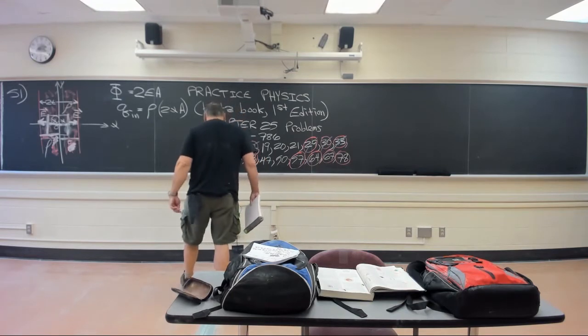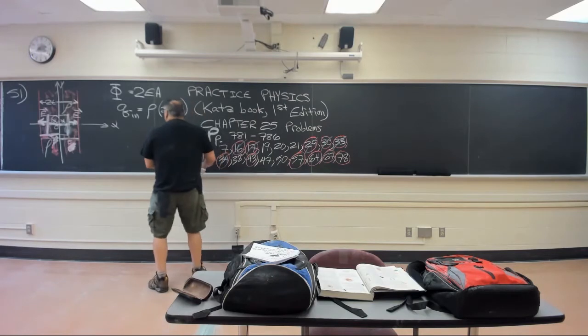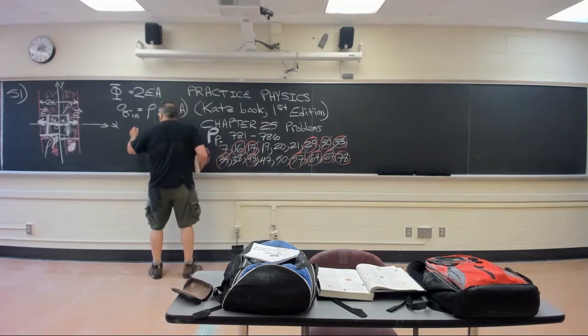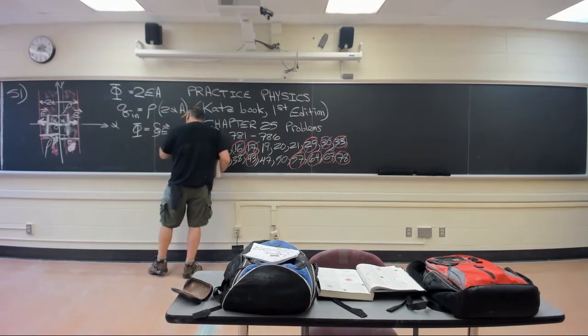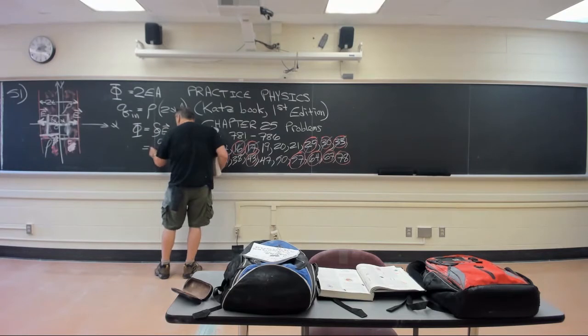And then you're just going to apply Gauss's law, application of that. So basically you're going to say this, that the flux, and there's a whole bunch of ways to say this, the flux, integral of E vector dot dA vector, equals Q enclosed over epsilon naught.